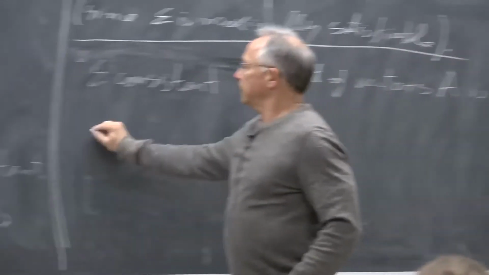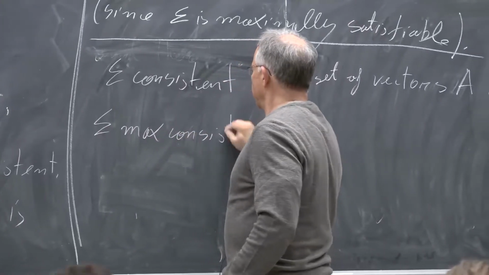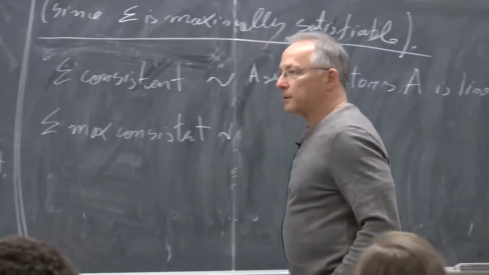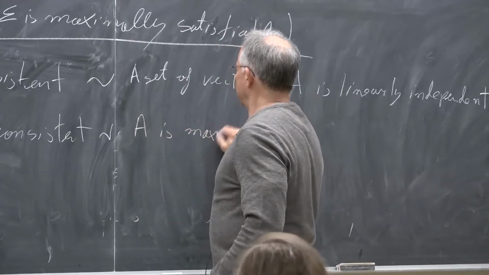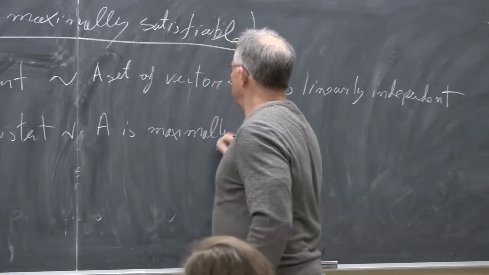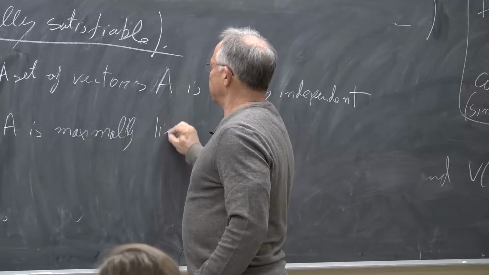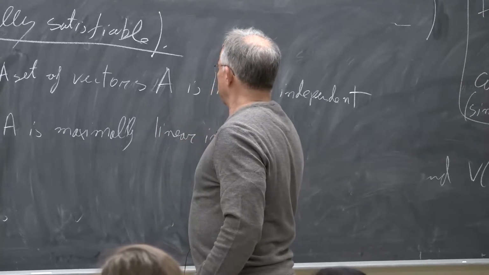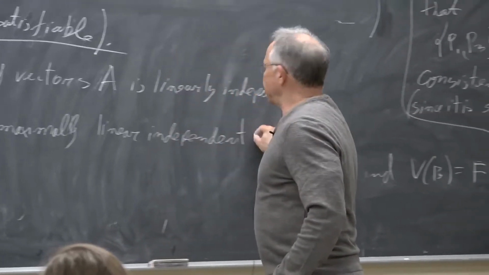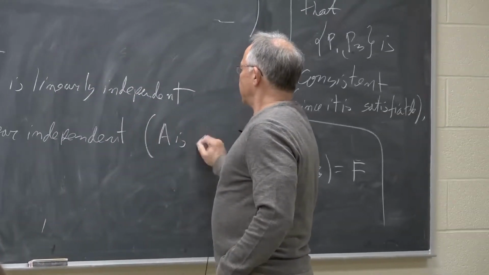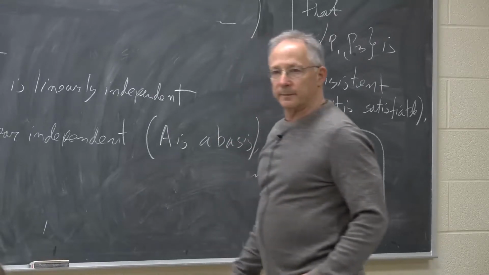And saying that sigma is maximally consistent will be analogous to saying that A is maximally linearly independent, which is the same as saying that A is a basis of my vector space.